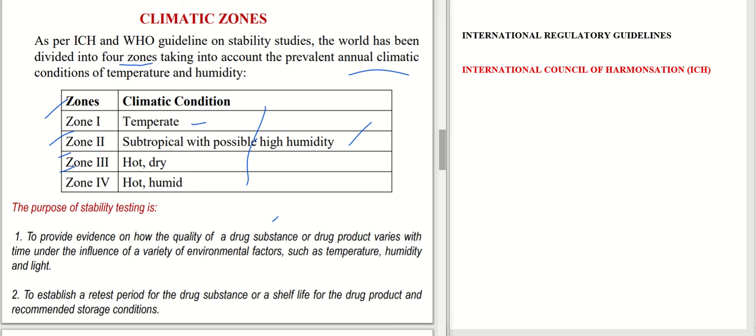Rather, we can simulate the same conditions in the laboratory and check for the stability. Thus we can establish the shelf life or expiration date of the drug product, and recommend storage conditions. So this is the importance of climatic zones.